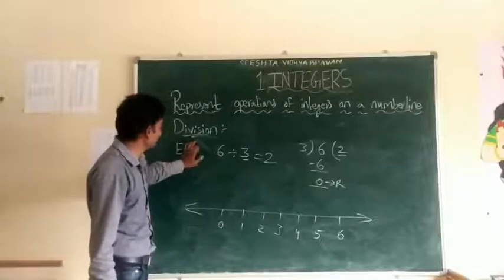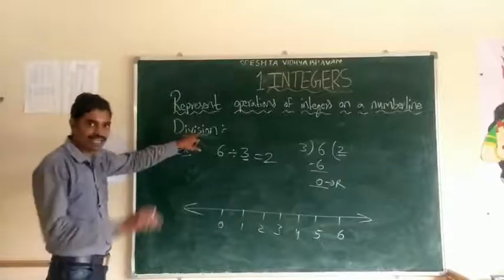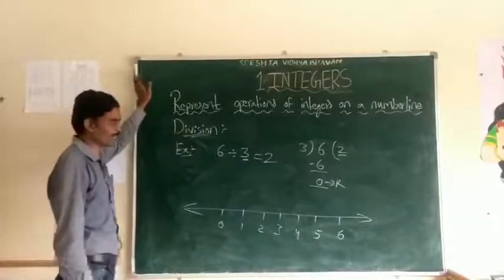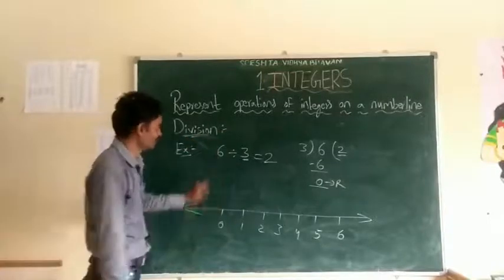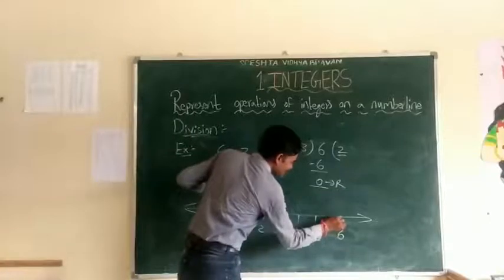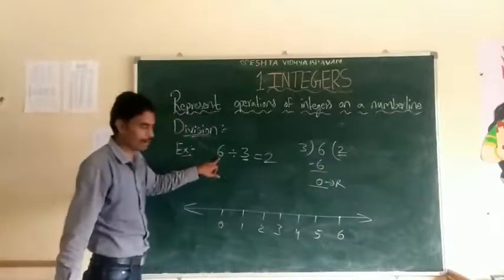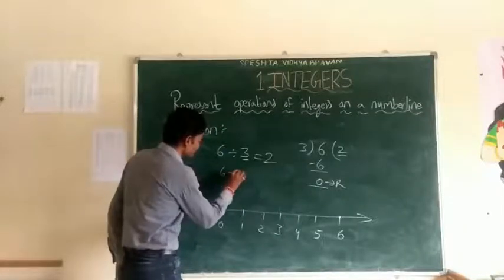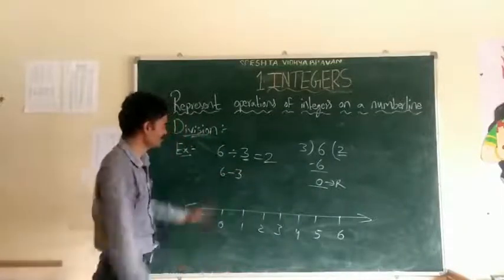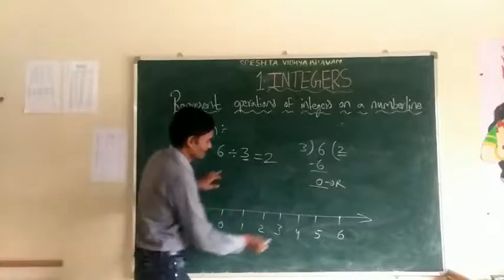Now in this division, we are doing the subtraction. That means backward direction. Okay, we are doing the subtraction on the number line. That means here it is a 6. The number is 6, and we are subtracting 3 how many times? 6 minus 3. Okay, 6.